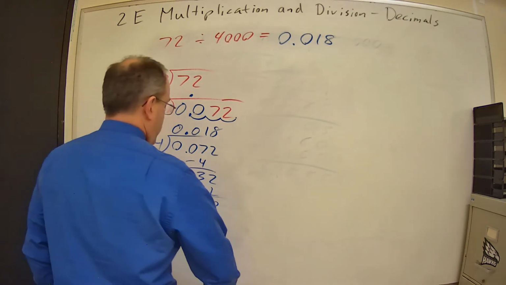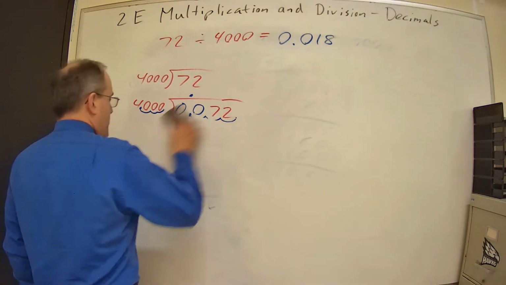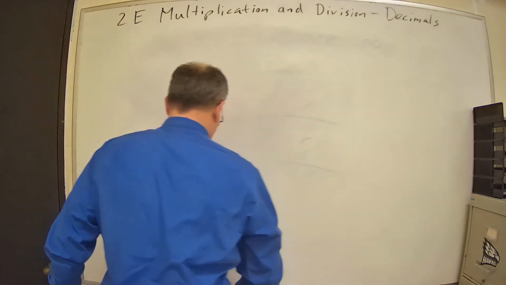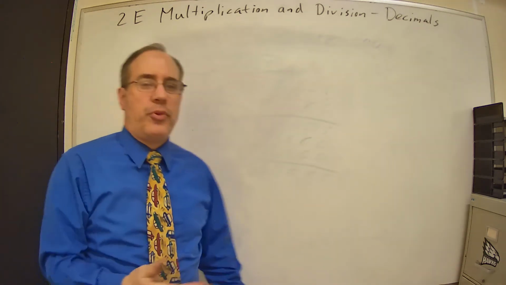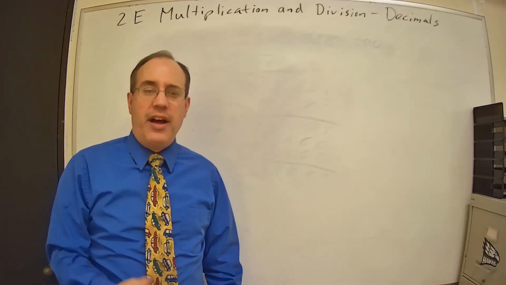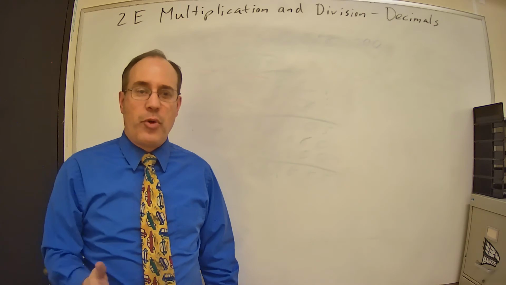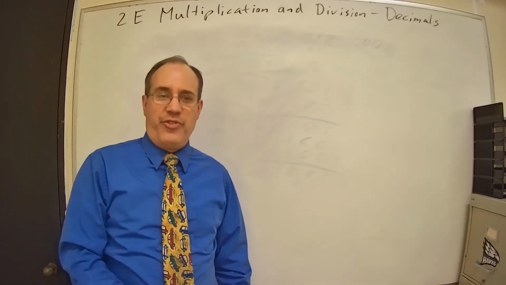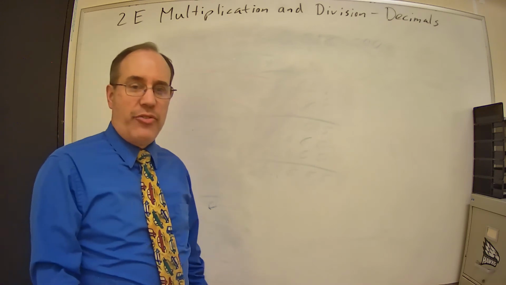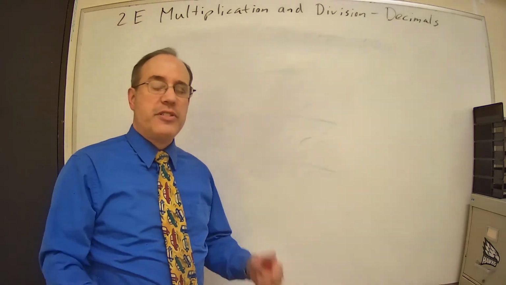Another thing that I'd like to cover is, what if you're multiplying or dividing by a multiple of 10? So a tenth, a hundredth, a thousandth, a 10,000th. Or if you're multiplying by 10, 100, 1,000, 10,000, anything of that sort. How does that affect things?